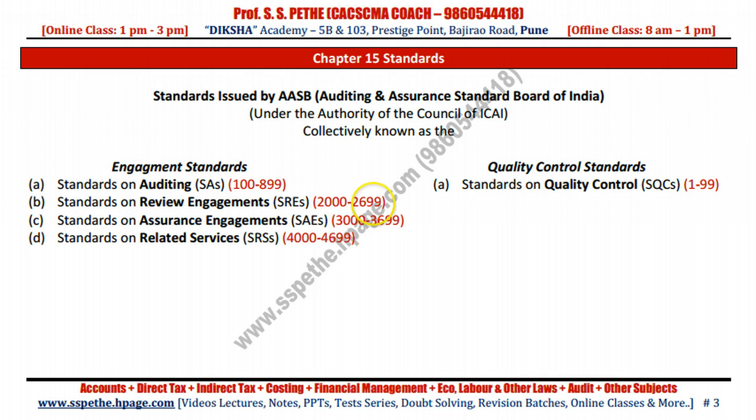Review engagement standards 2000 to 2699. Assurance engagement standards 3000 to 3699. And standards on related services 4000 to 4699. It is advisable to remember these codes also along with the standards.